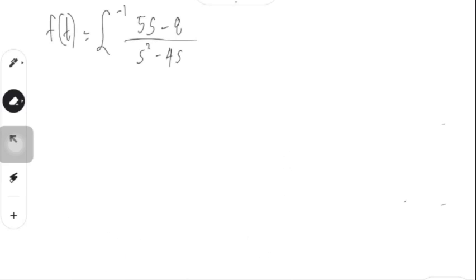Dapat ma-reduce natin into a standard form that will fall on the 9 or the 8 basic transforms of the function. Yung sa denominator mo, magpo-fall under hyperbolic. Ang problema natin, yung numerator, dapat mag-conform. Kasi pagka hyperbolic sine, it should be a divided by s squared minus a squared.